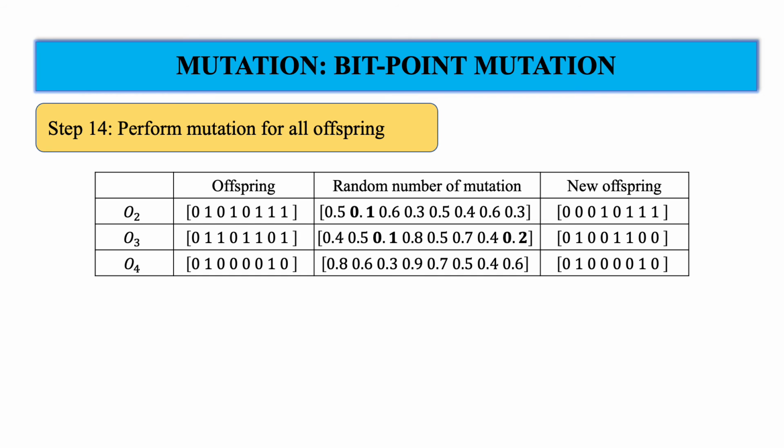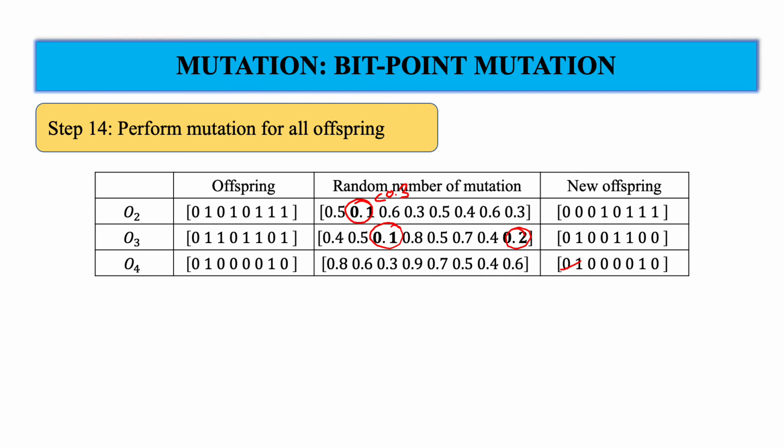In this case, the second bit has a random number 0.1 which is less than 0.3. Similarly, this is less than 0.3, and in this no random number is less than 0.3, so it will remain as it is.